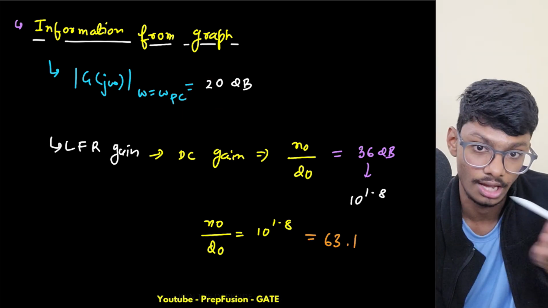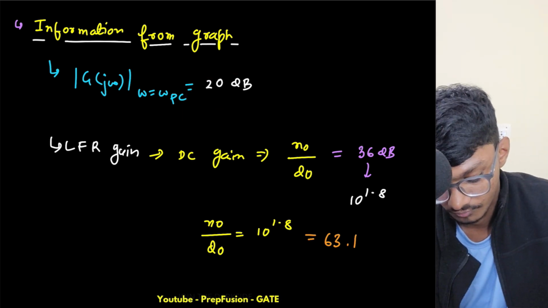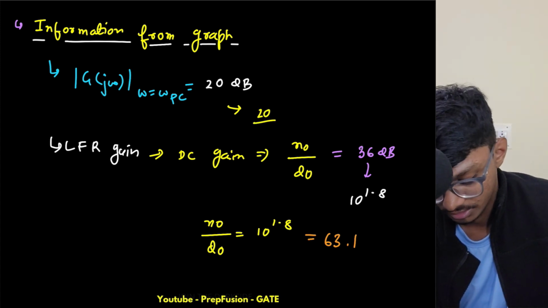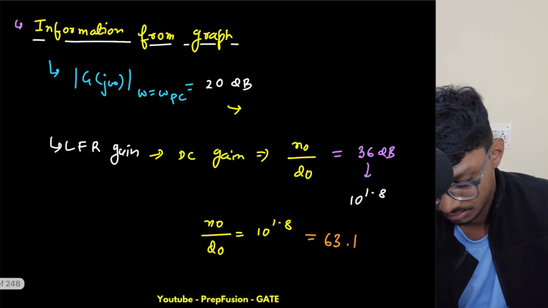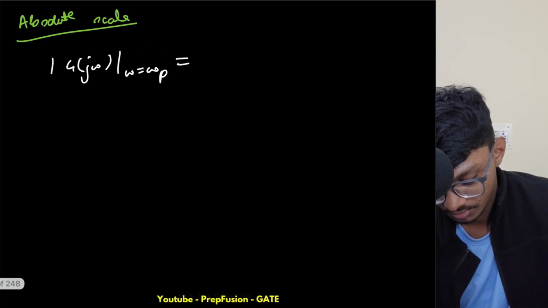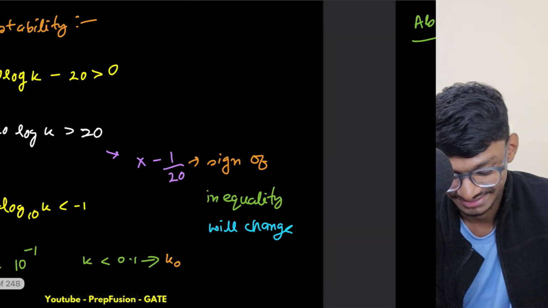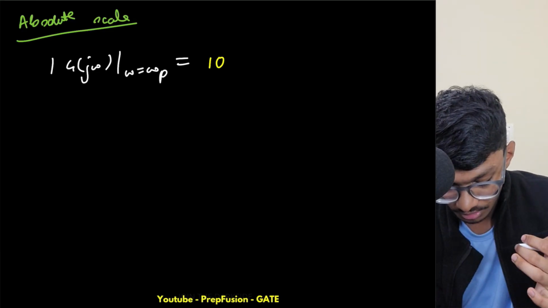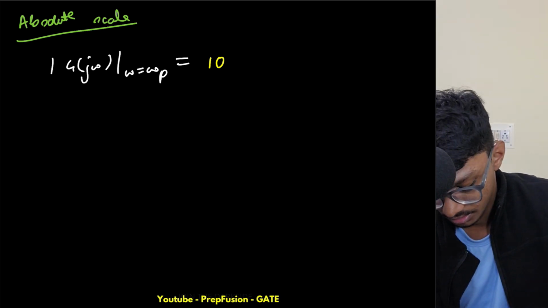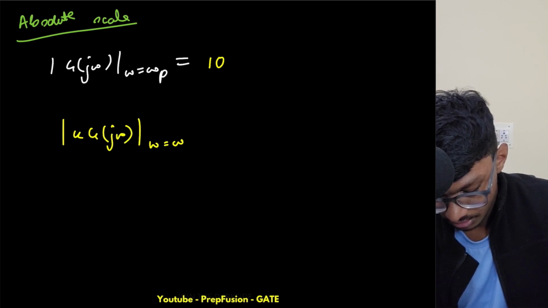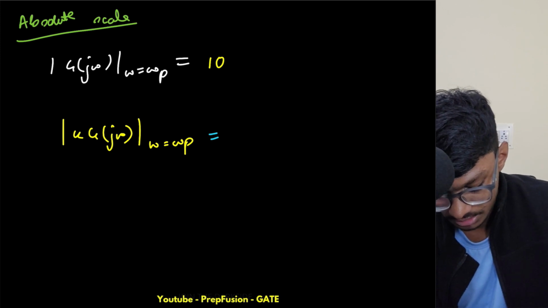Okay, and what is the absolute form of 20 dB? 20 divided by 20, 10 raised to power this, so this is 10 itself. Sorry, this is not 1, this is 10. So it will be equal to 10 in absolute terms. Now, what is the magnitude of k times g of j omega at omega equals omega p? It is 10k simply.